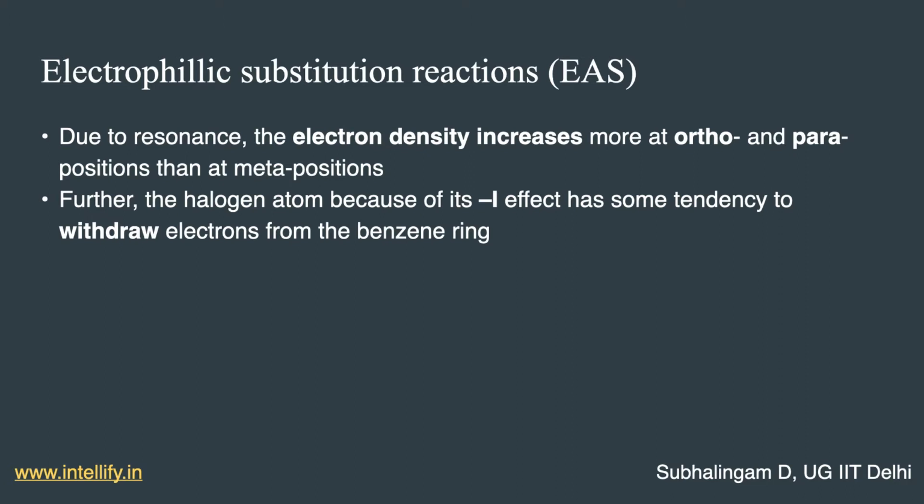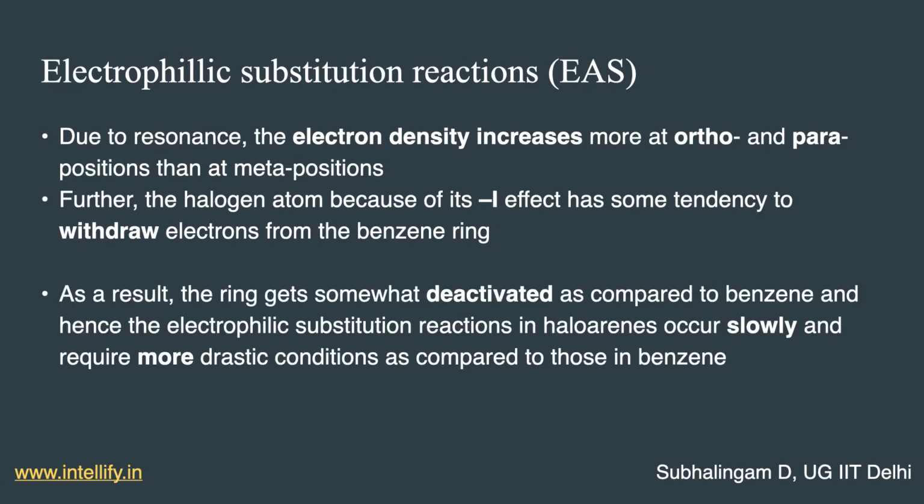Negative inductive effect, that is pulling of electrons. In simple words, withdrawing electrons. As a result, the ring gets somewhat deactivated as compared to benzene, and hence the electrophilic substitution reactions in haloarenes occur slowly and require more drastic conditions as compared to those in benzene.